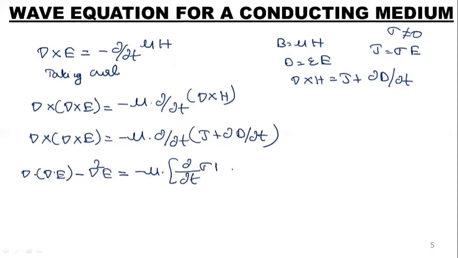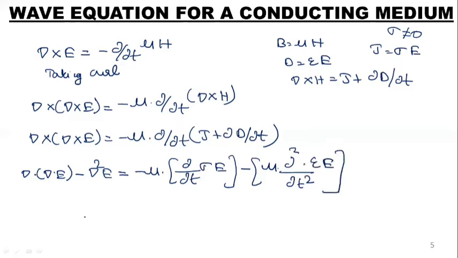So it will be minus mu into dou by dou T of sigma E, and D we substitute as epsilon E, so it will be dou square by dou T square into epsilon E. So you will get this equation: del square E equal to mu sigma into dou E by dou T plus mu epsilon into dou square E by dou T square.